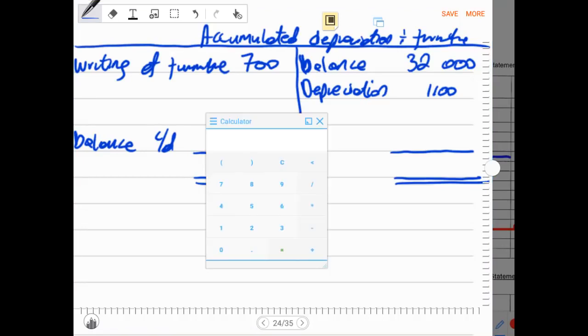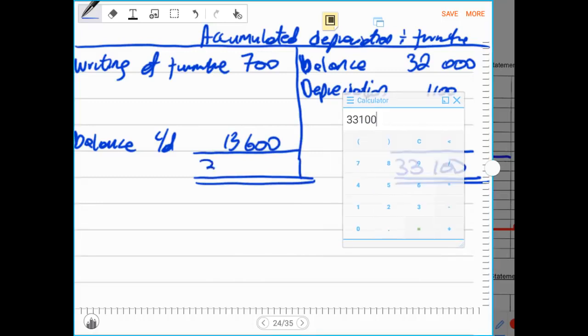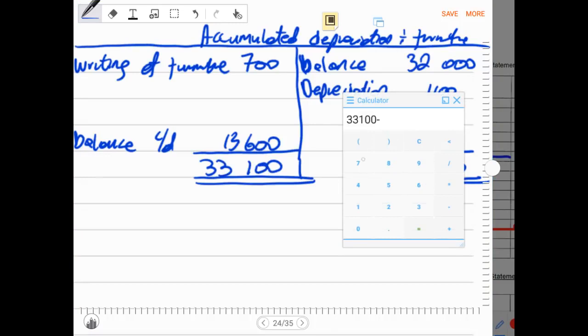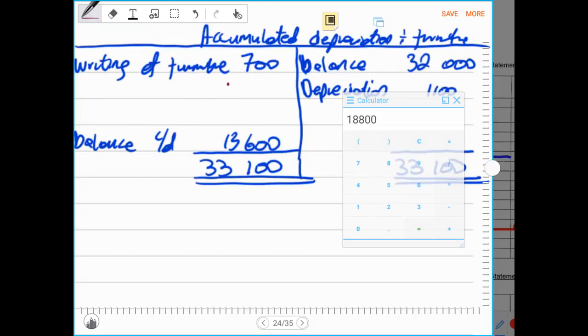Now, if we strike the total, it will be 32,000 on the credit side plus 1,100, which makes the bigger side 33,100. Then we say minus 700 on the debit side, minus closing balance of 13,600, and this will give us 18,800. What is this 18,800 for?